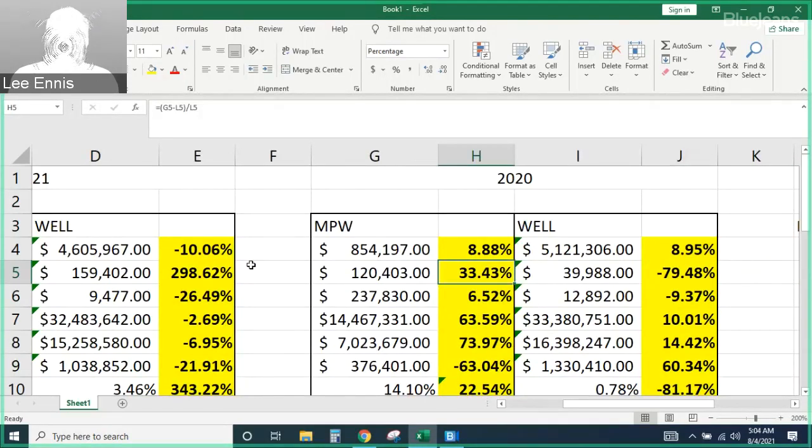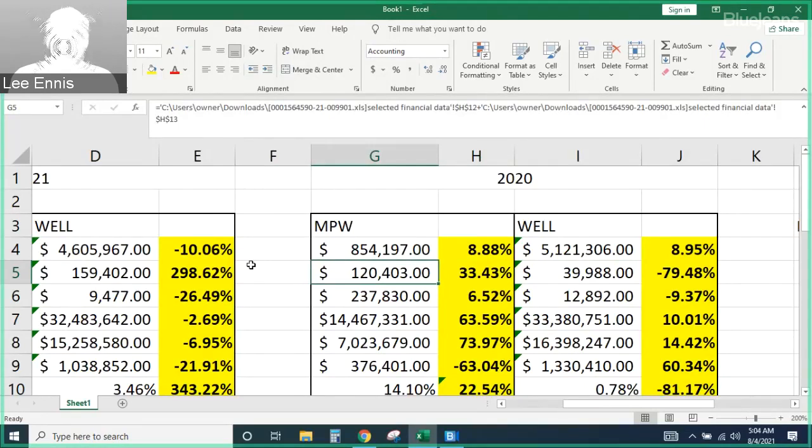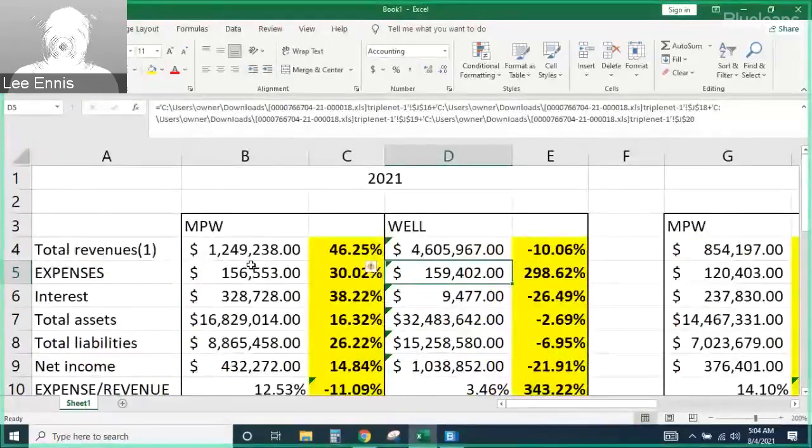There's a steady increase on the MPW side, but it doesn't make up for what we see here in expenses for Welltower. Whether or not that is an outlier, I don't know. Again, this is 3 years worth of data. We can go back further, but 3 years is usually where I stay with this stuff.